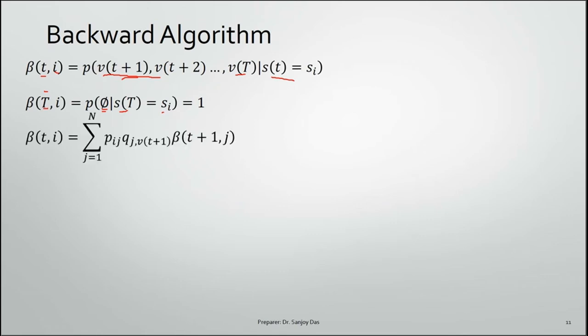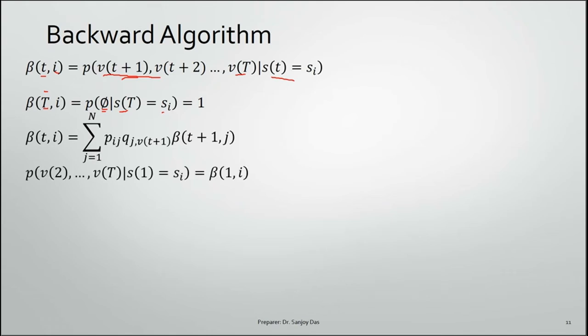Beta_t(i) is equal to the summation over j of P_ij Q_j(v_{t+1}) beta_{t+1}(j). We just derived this recursive expression.